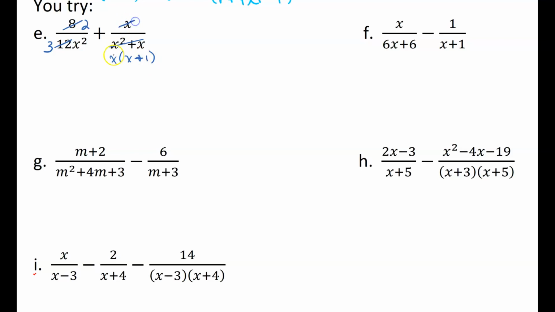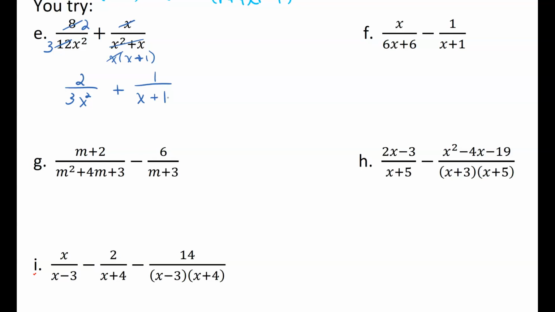Yes, this x will divide that x out. And so now what we have is 2 over 3x squared plus 1 over x plus 1. Okay, now if you didn't simplify that, can you still get to the final answer correctly? Yes. You can. You've just made it a little bit more work than is necessary.